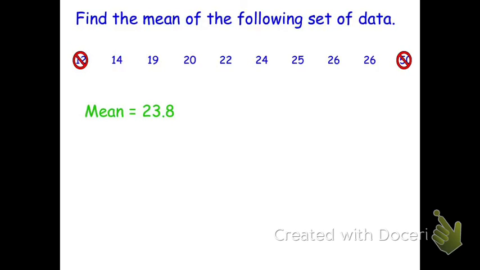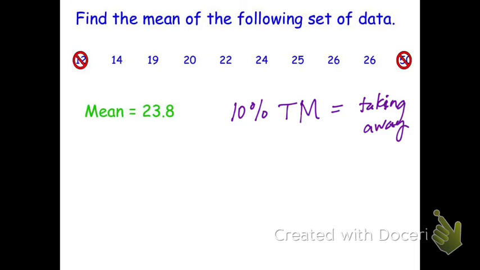So when you have a 10% trimmed mean, I'm actually taking off 20%, because I'm taking 10% from the bottom and 10% from the top. This is something that everyone misses on a test.